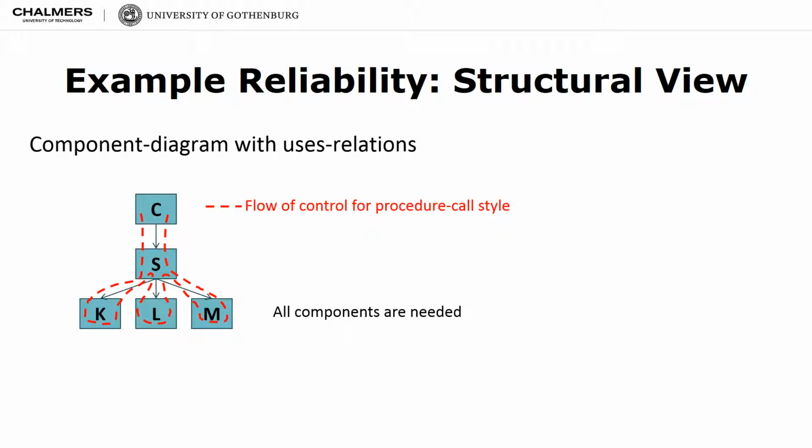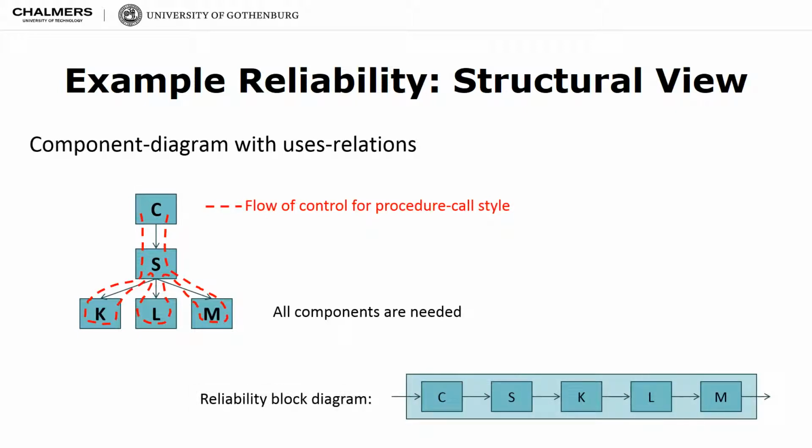For this, we would need to know the control flow. The control flow tells us which paths are taken through the system. In this slide, we suppose that all of K, L, and M are mandatory. A service needs to be processed by all of them. Therefore, the corresponding reliability block diagram consists of all these components in sequence.